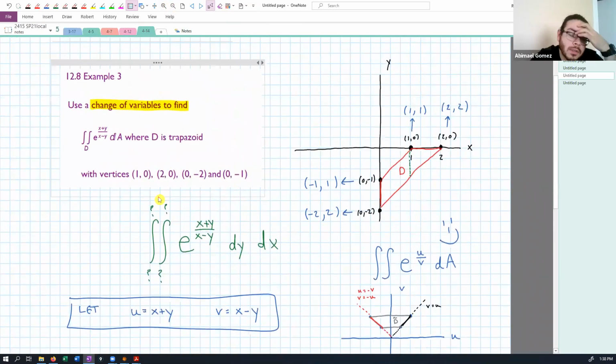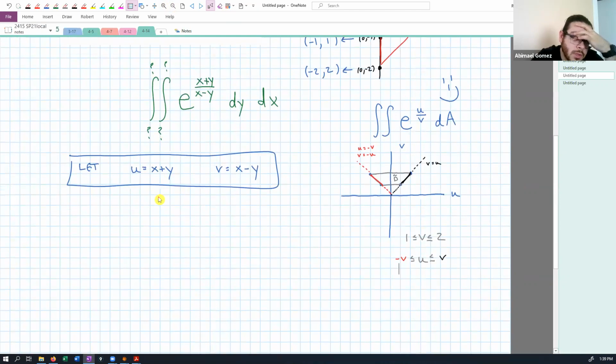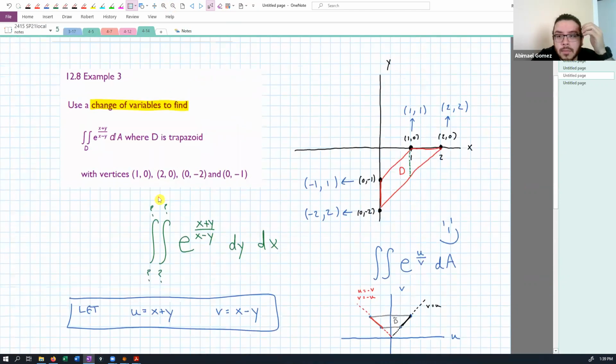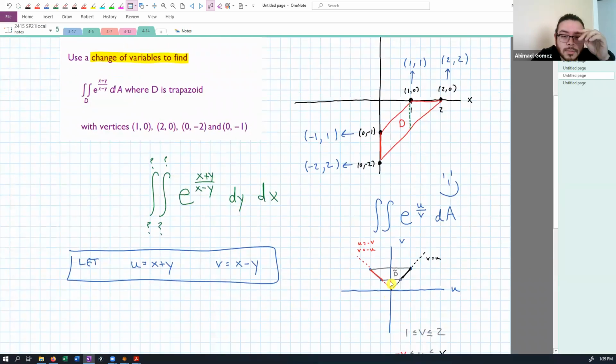Sir, could we also just solve it by symmetry? How do you mean? Well, on the v-axis, it splits it down the middle. Could we just multiply by 2? Solve for one. Great question.